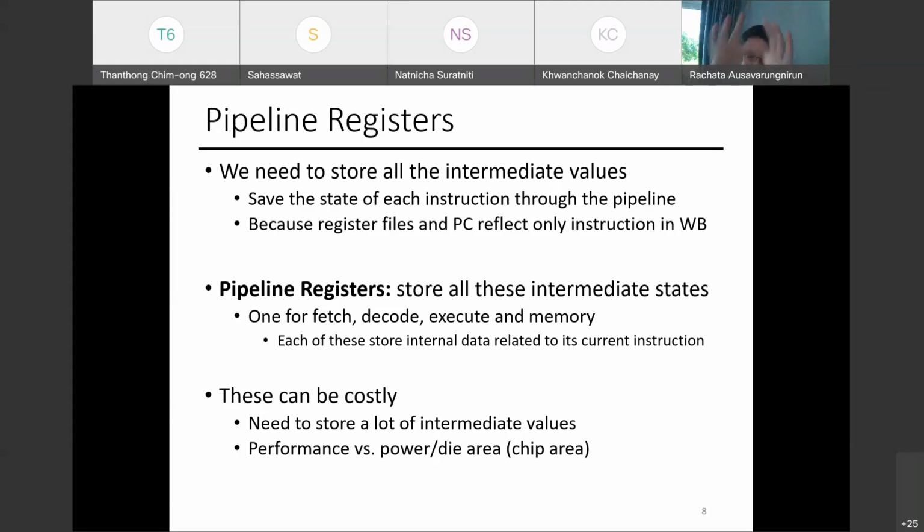The package looks the same. Literally, you have the same area where you can put transistors. If I use more for the register, you have to pay the price of using less for the cache. You have to pay the price of using less for the other logic to make your computer faster. So it's all about balancing the trade-off, right? How can we make it Pareto optimal at the right trade-off?